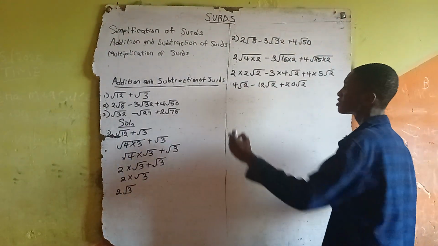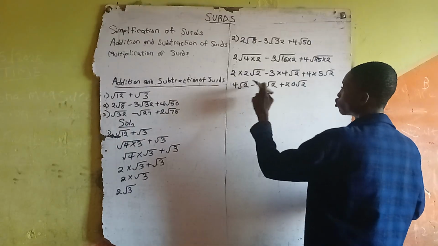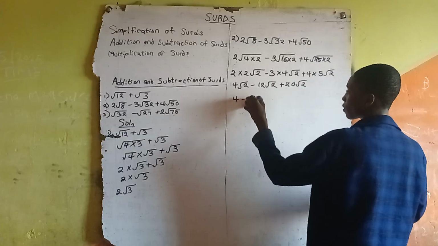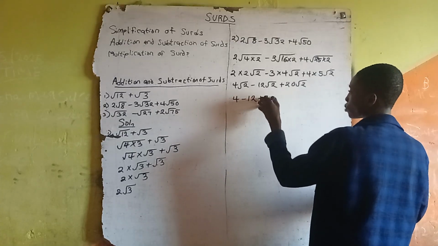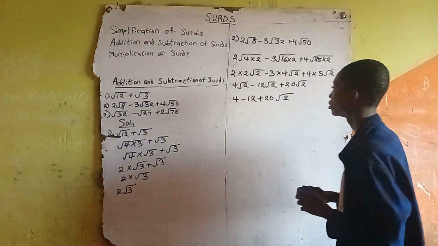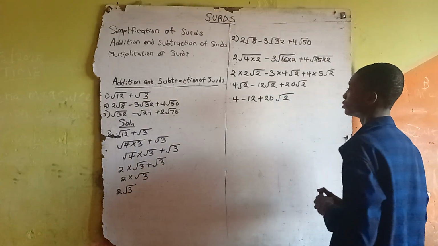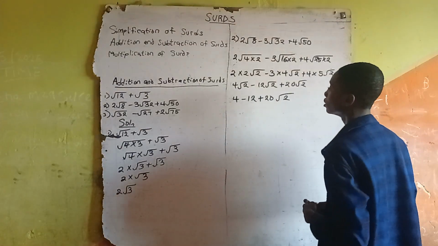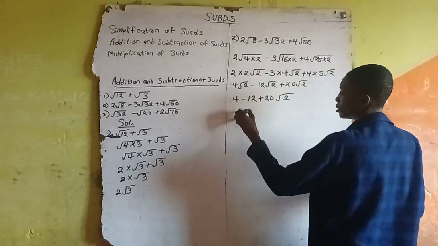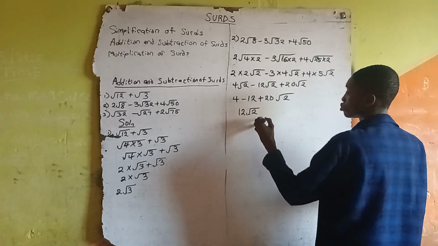But first of all, let's bring out our own numbers: 4 minus 12 plus 20. So we choose one of the roots. Let's calculate this one. It will be 12. Yes, 12 root 2. This is the answer.